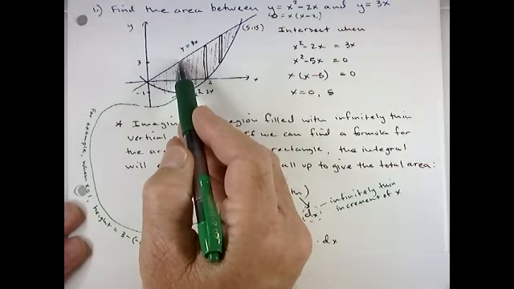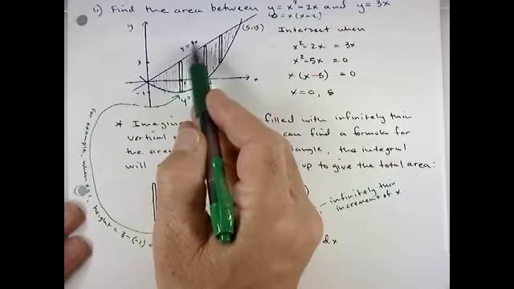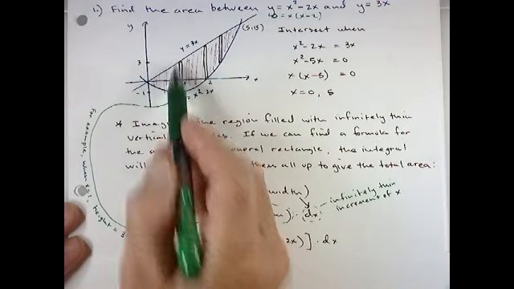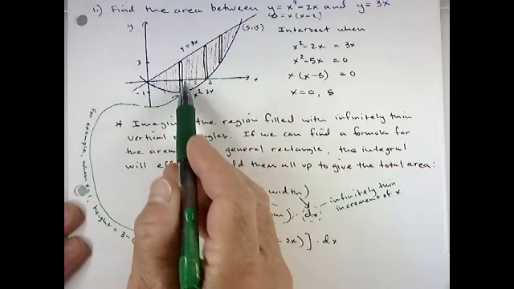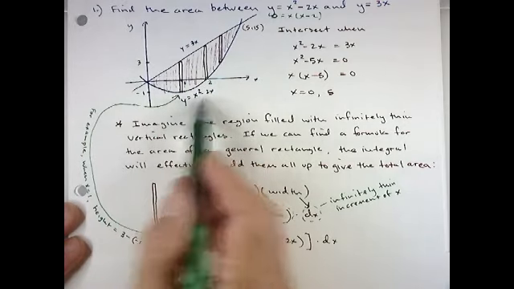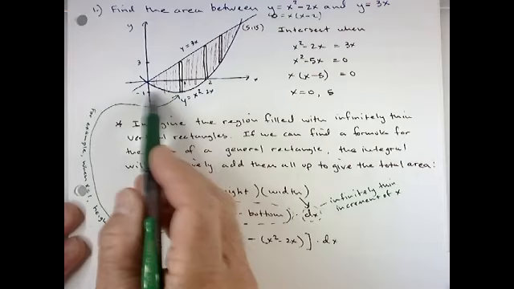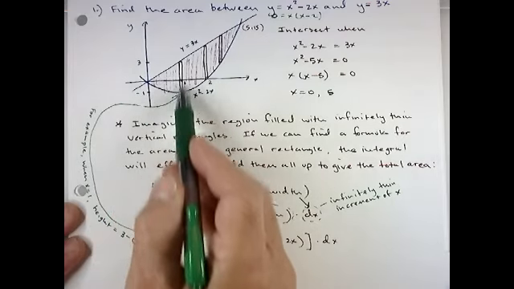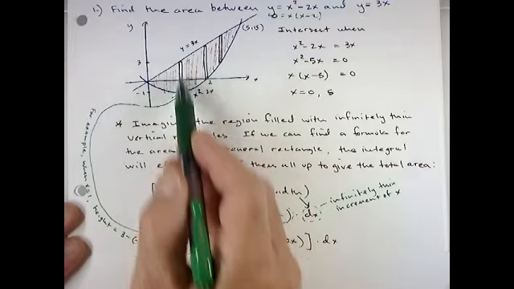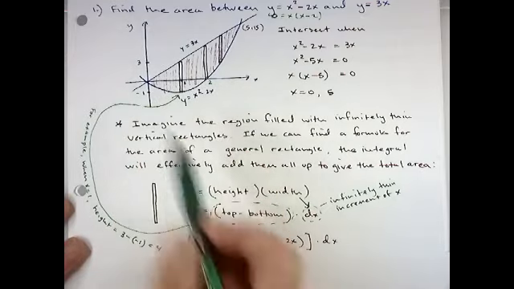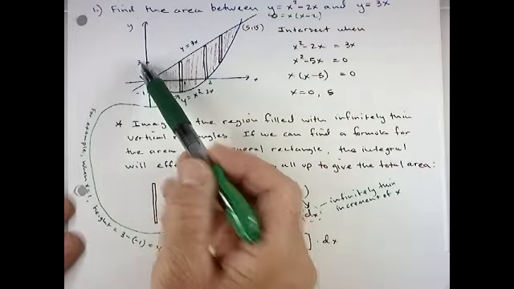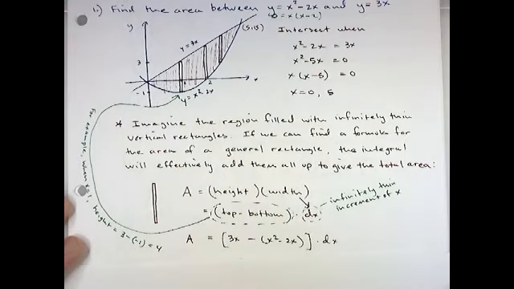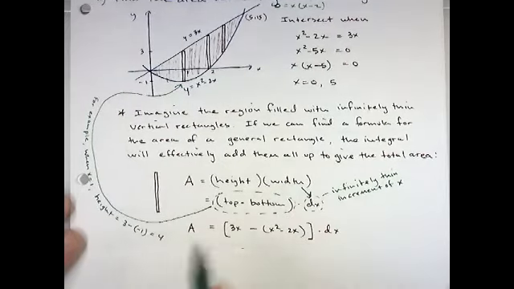If I want to know how tall it is, I could plug 1 into 3x, and that tells me the rectangle stretches up to 3 on the y-axis. If I want to know how low it goes, I can plug 1 into my parabola, and that gives me negative 1. So what is this height? Most people can quickly tell me it's 4, but how do you get 4 with those two numbers? If you subtract 3 minus negative 1, that gives you the correct height of 4.